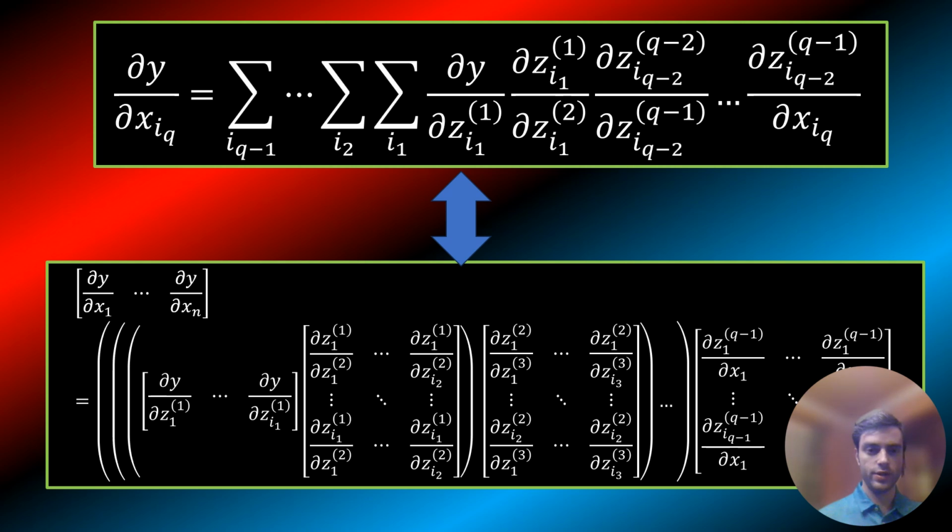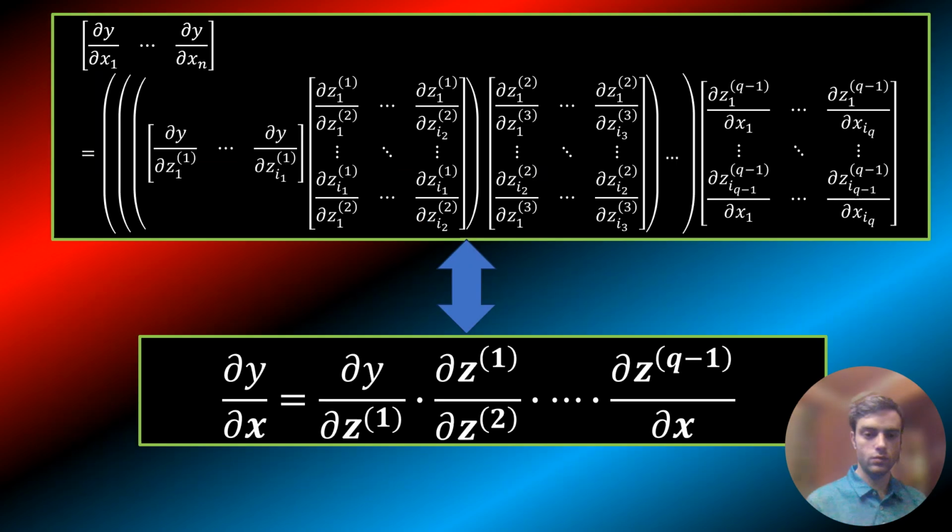And here we express the general case in matrix form. And as you can see, if we evaluate the parentheses, we get row vectors multiplied by matrices to the right, row vector multiplied by matrix to the right, and so on until you get to the target variable x.